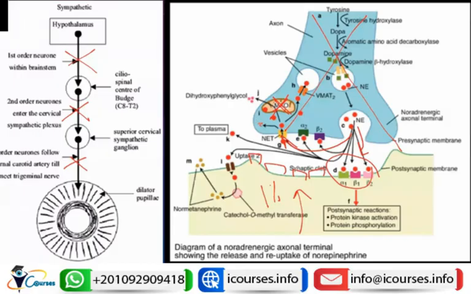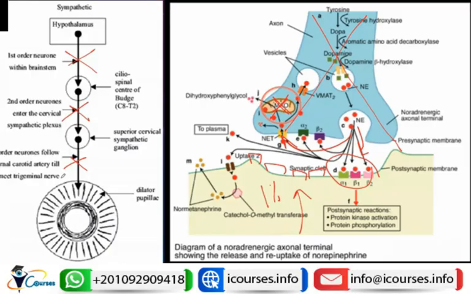So it will act on hypersensitive receptors and cause dilatation of the postganglionic pupil. So adrenaline will not dilate the preganglionic and central lesions, and it will dilate the postganglionic.